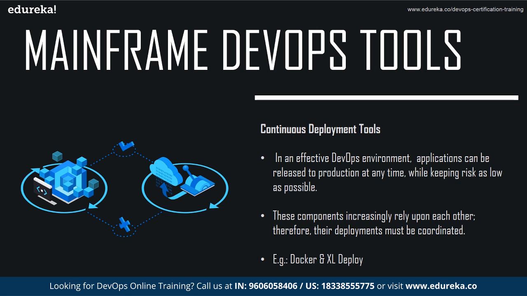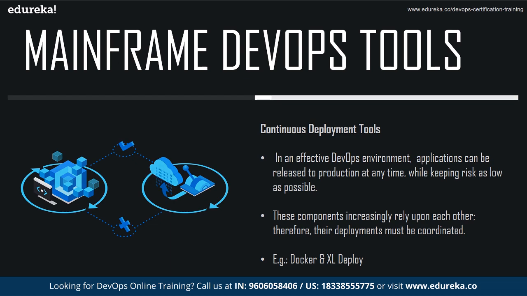So these components increasingly rely upon each other and therefore their deployments must be coordinated. Having one dashboard, one place to manage these deploys, even though they are on different platforms, becomes extremely crucial. Here you have Excel deploy and release, which allow you to automate and standardize complex deployments in cloud, container, and legacy environments.